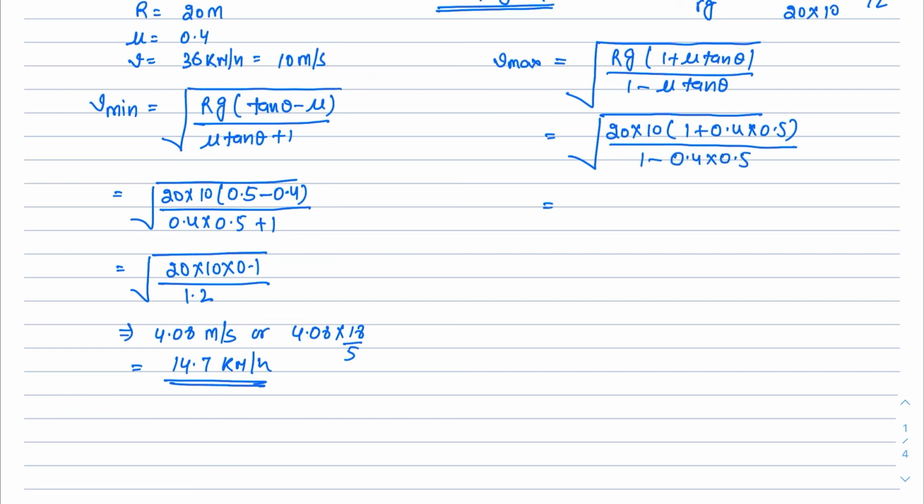So if we further solve this, under root 225 or 15 meter per second. So to convert this into kilometer per hour, 15 into 18 by 5, so that will become 54 kilometer per hour. So this is the solution of this problem.